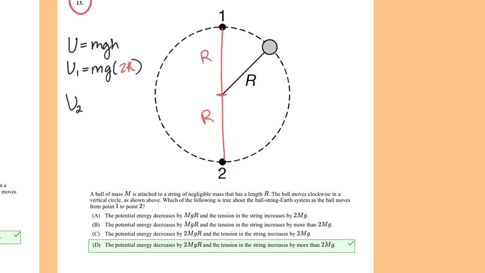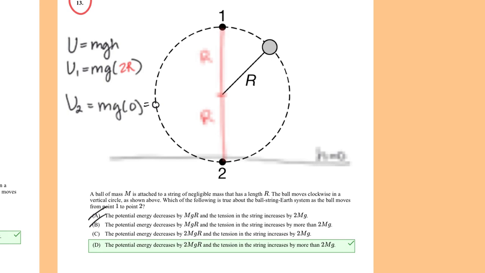The potential energy at 2 is going to be mg0, because my height is going to equal 0 down here. So that means my potential energy going from 1 to 2, where 2 is going to be 0, decreases to 0 by mg2r, so at least I can X out A and B.